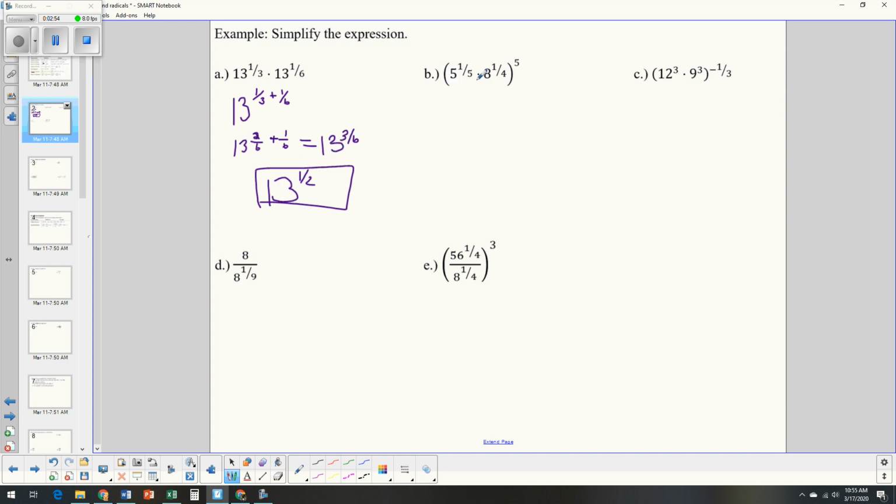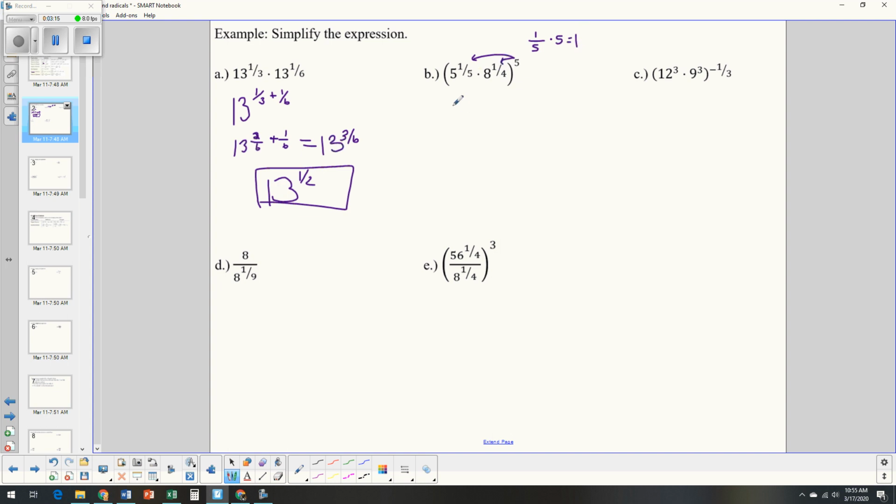For B, I have two different terms inside, each with an exponent and an exponent on the outside. So we're going to distribute this exponent to both of our original parts. So we're going to have 1/5 times 5, and 1/5 times 5 is really just 1.